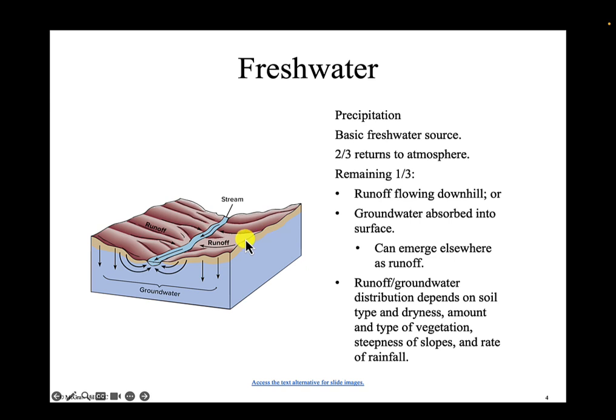So here you have a very simple scheme showing the runoffs. The runoff is that water that moves downhill across the surface of the land, and that water came from precipitation. That water then eventually finds a stream, which is a moving body of water on land.